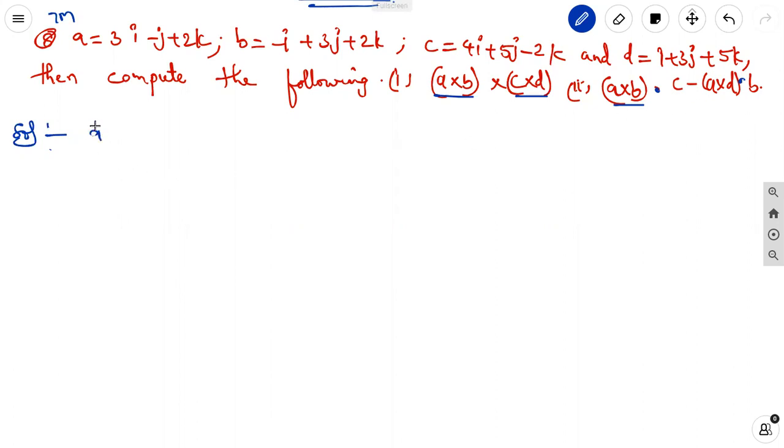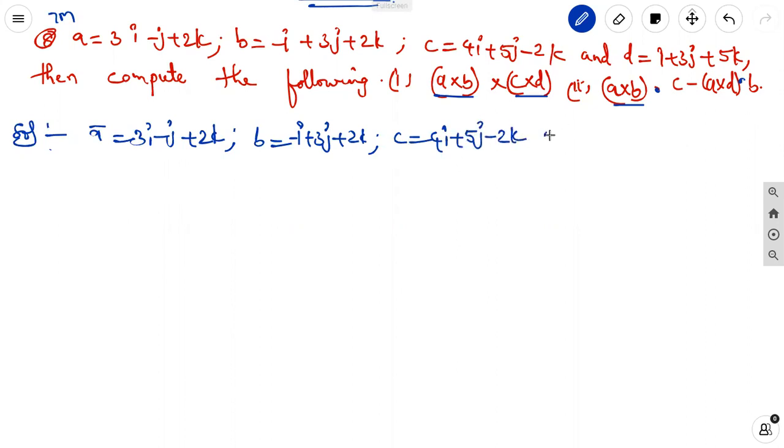First, we take the A vector equal to 3i minus j plus 2k. B vector is minus i plus 3j plus 2k. C is 4i plus 5j minus 2k. And D is equal to i plus 3j plus 5k.